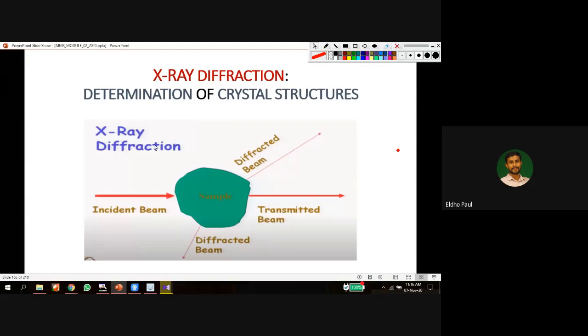Okay, so actually in X-ray diffraction for determination of crystal structure, we are not using this transmitted beam. We use the transmitted beam to reveal the structure of our bones. For a fracture, what do we do?